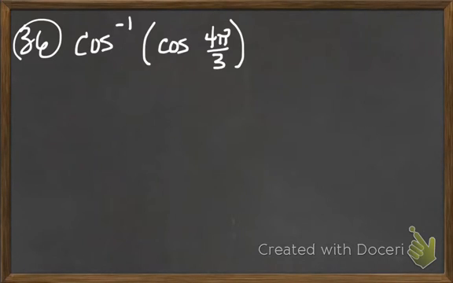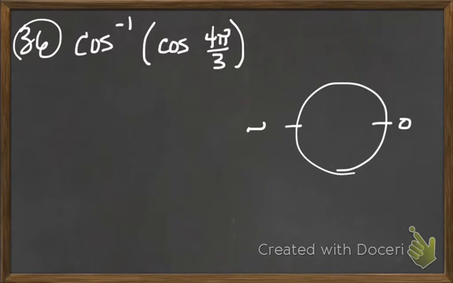So again, inverse cosine and cosine will cancel each other out, but your answer has to be something in the restricted value for cosine, which is between 0 and pi. So if these cancel each other out and you say 4 pi over 3, are you in this restricted area? No. Okay, where are you if you're at 4 pi over 3?